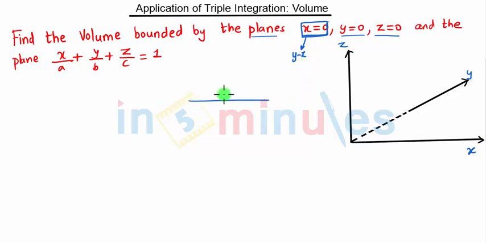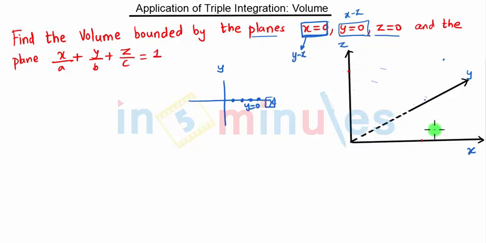If we have the coordinate axes, this is the x-axis and this is the y-axis. At every point on the x-axis, our y is 0. So the equation of the x-axis is y equal to 0. So the equation of the yz plane, that is this plane, y and z, starting from the z-axis and ending on the y-axis, is x equal to 0. y equal to 0 plane means the xz plane, that is starting from the z-axis and ending on the x-axis.